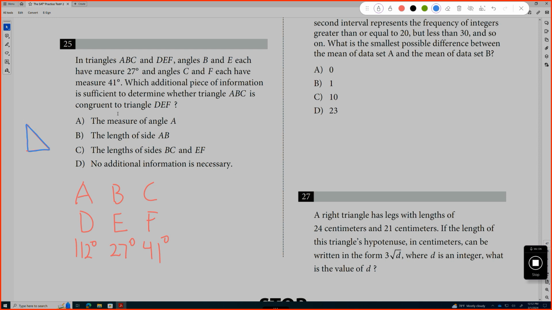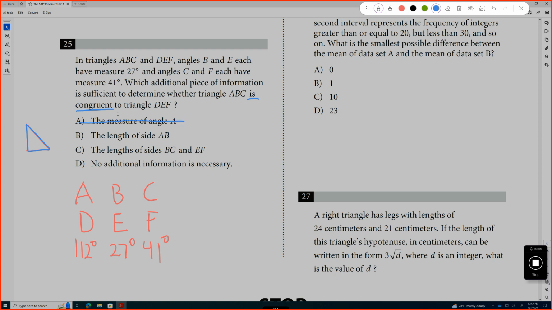So we don't know if they're congruent or similar unless we know the lengths of the sides in both triangles. Having all the same angles doesn't tell us whether they're congruent. They might be, but they might be similar. I already said that similar shapes have to have congruent angles. Okay, so the measure of angle A doesn't help.